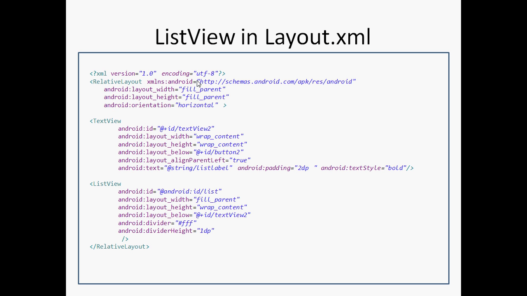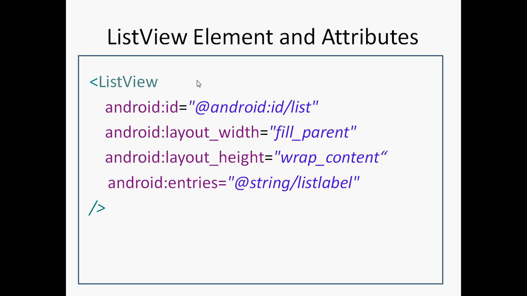I will tell you about those different attributes. So this is how you can drag and drop a list view from the palette to your layout.xml file. This is a list view element, and these are its own attributes, right?